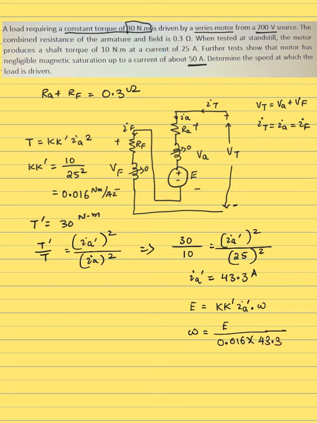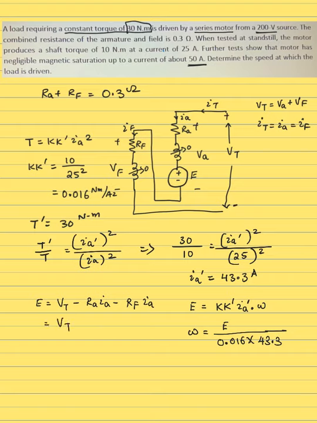Now where will the E come from? E in this case is V, the total voltage VT, minus RAIA minus RFIA, the drop across both the resistors.